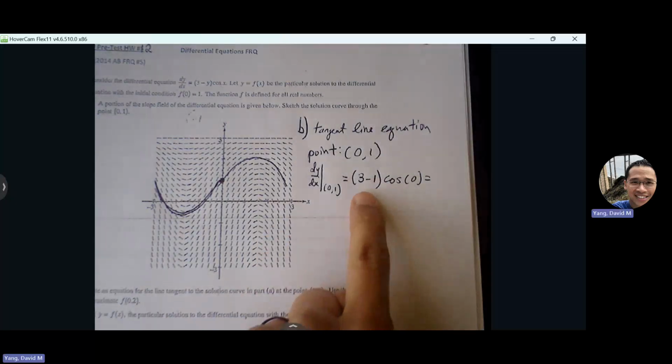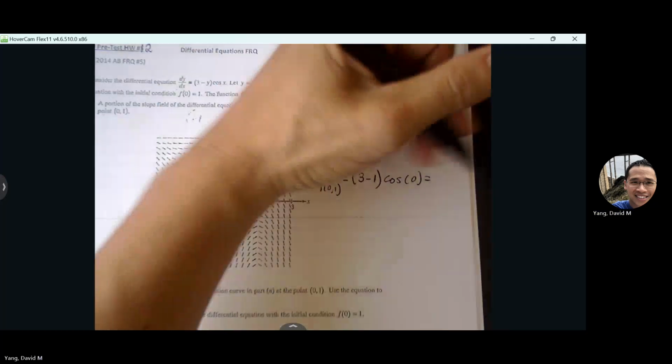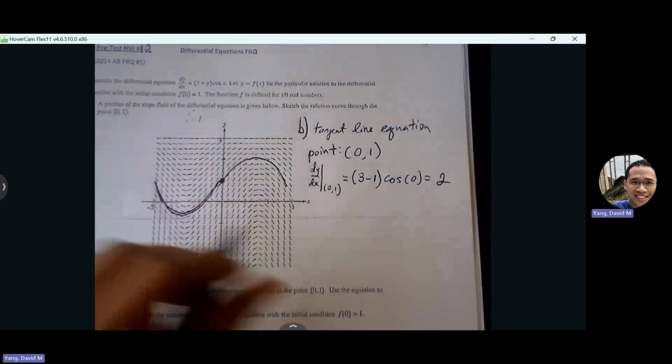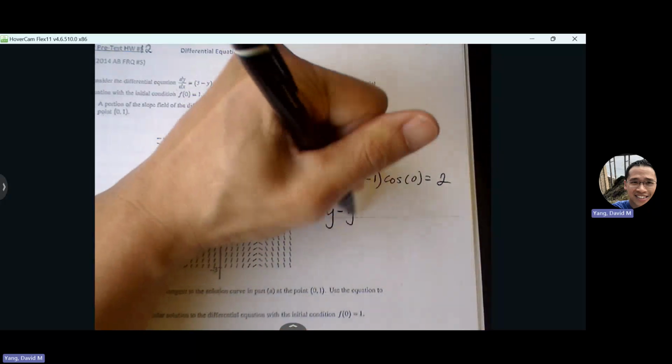In this case, though, we do want to get this down to a numeric value. So cosine of 0 is 1, 1 times 2 is 2. So our ordered pair is (0, 1), our slope is 2, point-slope form.